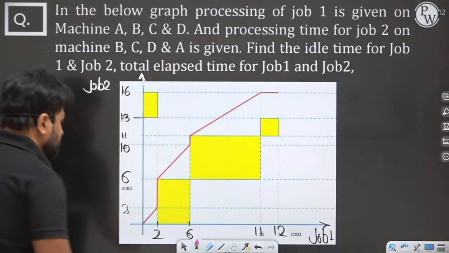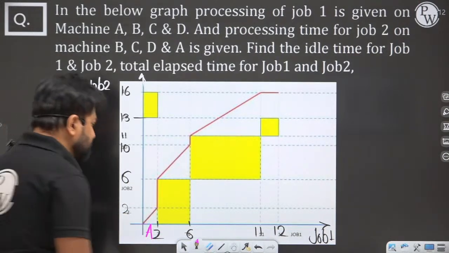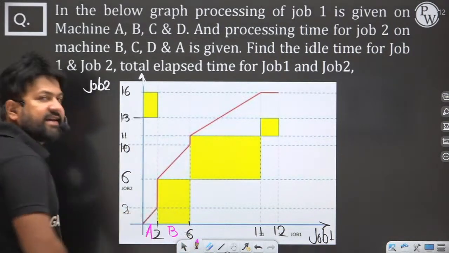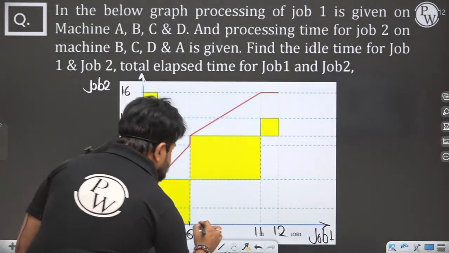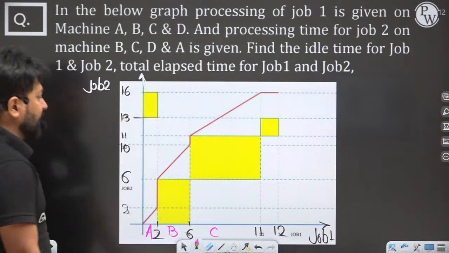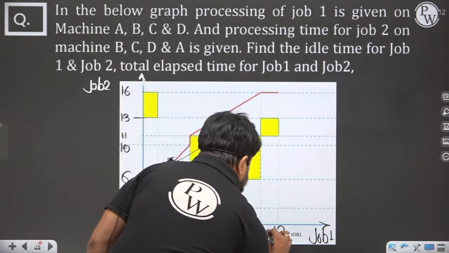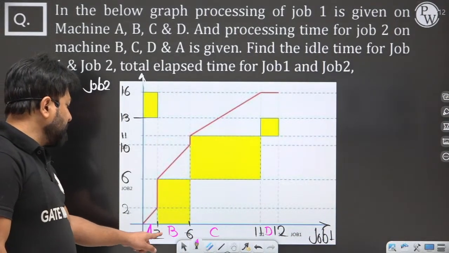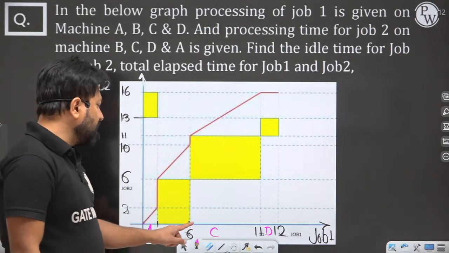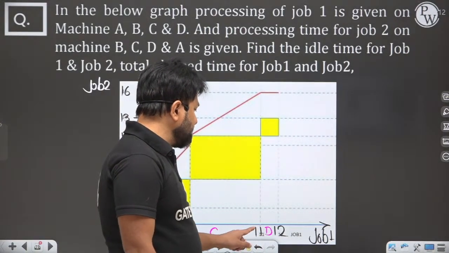Job 1: machine A from 0 to 2, then machine B from 2 to 6, then machine C from 6 to 11, and machine D from 11 to 12.